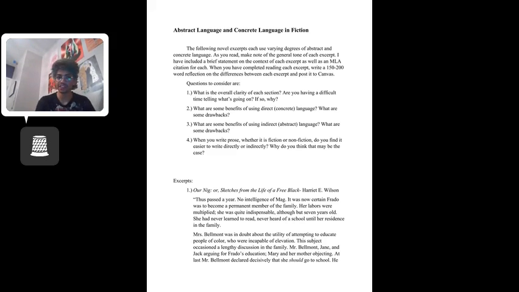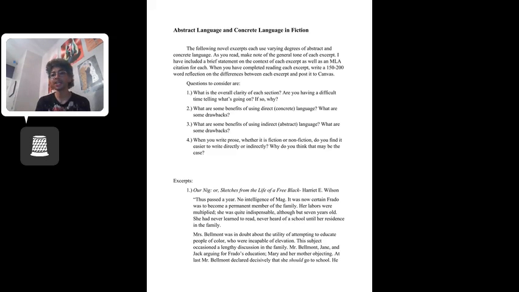Later, at the beginning of this next paragraph, you'll see the author writes, Mrs. Belmont was in doubt about the utility of attempting to educate people of color who were incapable of elevation. This is not necessary. This is not a true statement. And it is not a statement that the narrator nor the author agrees with.